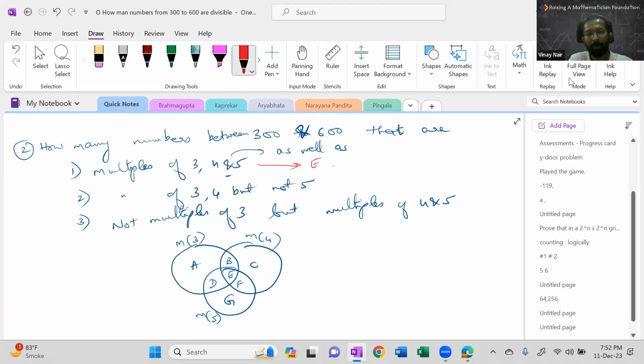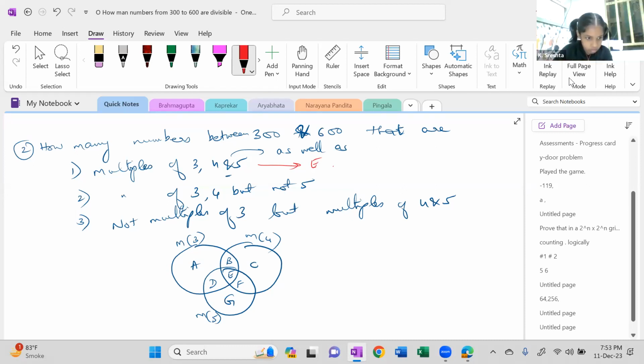3, 4, but not 5. B. Sir, we have to remove E first. What do you mean remove E? Sir, like remove the common multiples of 3, 4, and 5, which are triple counted ones. Okay. I'm just asking which region are we talking about when it is multiples of 3 and 4, but not 5?